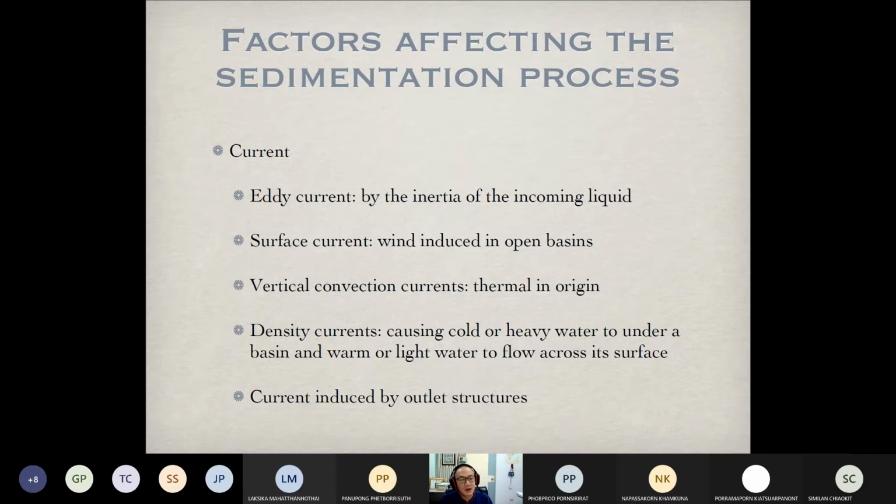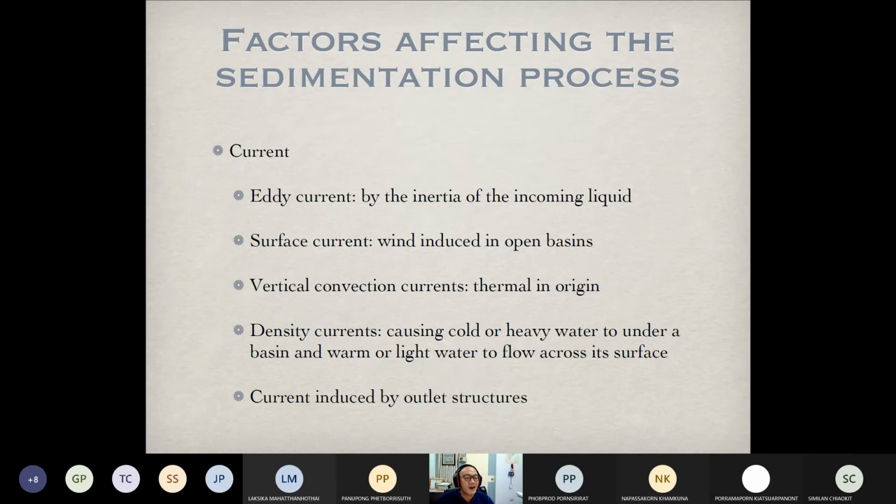Sometimes we also have to be aware of surface currents induced by wind, especially for large sedimentation tanks. The tank that the Bangkok Metropolitan Waterworks Authority used has a diameter of 65 meters, which is quite large. It's even larger than swimming pools. So there's a very high chance that surface currents will occur due to the wind.